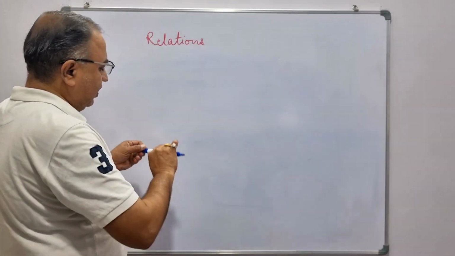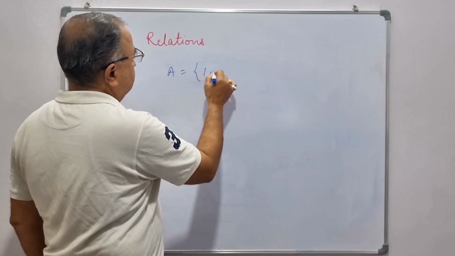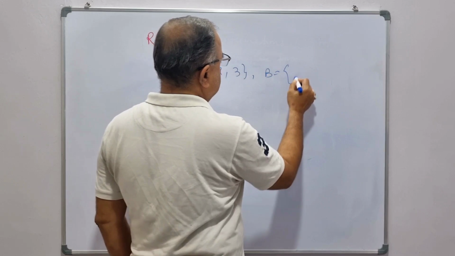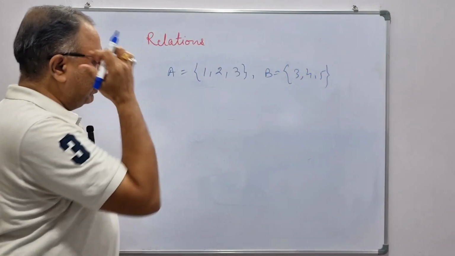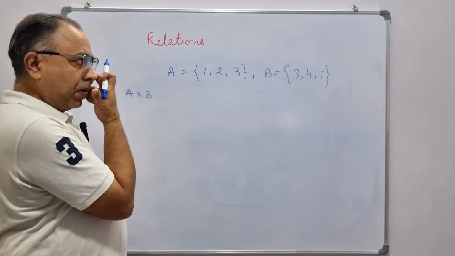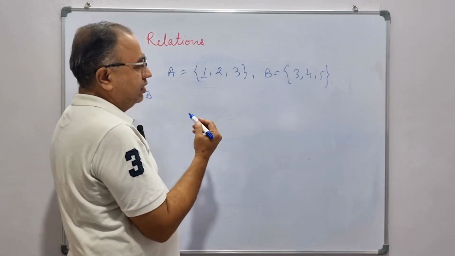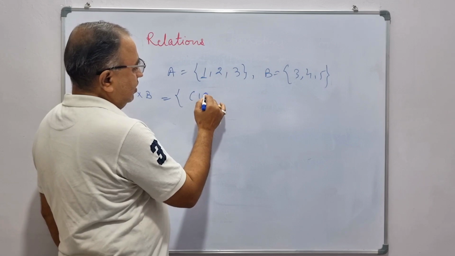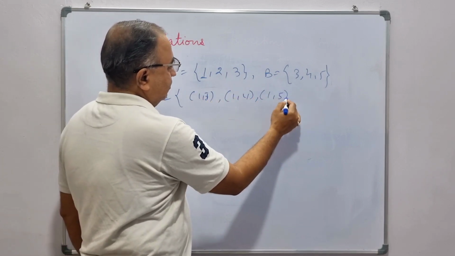So we are taking here two sets, set A and set B. Suppose set A has 3 entries, 1, 2, 3, and set B has entries 3, 4, 5. Now when we say A cross B, for every element of A, there are 3 elements of B. That means the possible ordered pairs will be (1,3), (1,4), (1,5).